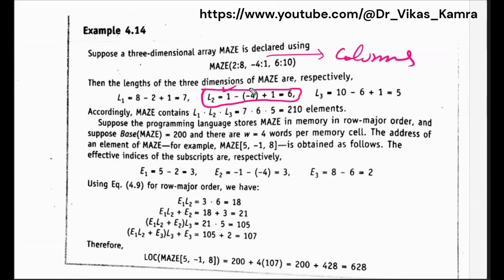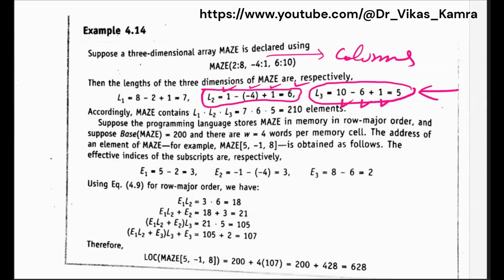Lower bound is minus 4, so minus 4 is written here, plus 1. So 1 minus minus 4 plus 1 becomes 6. Similarly, for the third dimension, or you can say number of pages in the 3D array, the upper bound is 10, lower bound is 6, and plus 1, it gives you the value of 5.